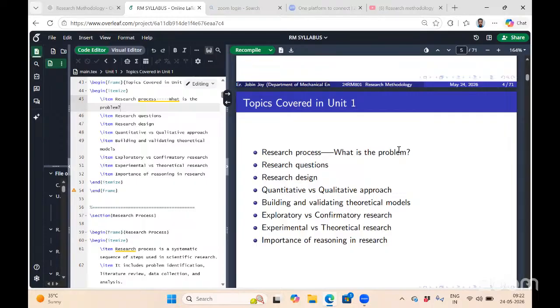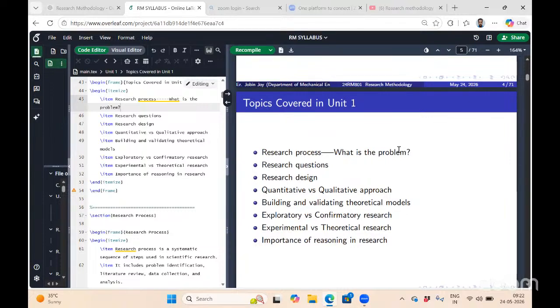Exploratory versus confirmatory research means, exploratory means, from the name itself, exploring new ideas, researching new ideas, called exploratory research. Confirmatory research means we have existing theories, we have to test whether that existing theory is correct or not. That is what is called confirmatory research. That means you will be confirming that the existing theory is correct.